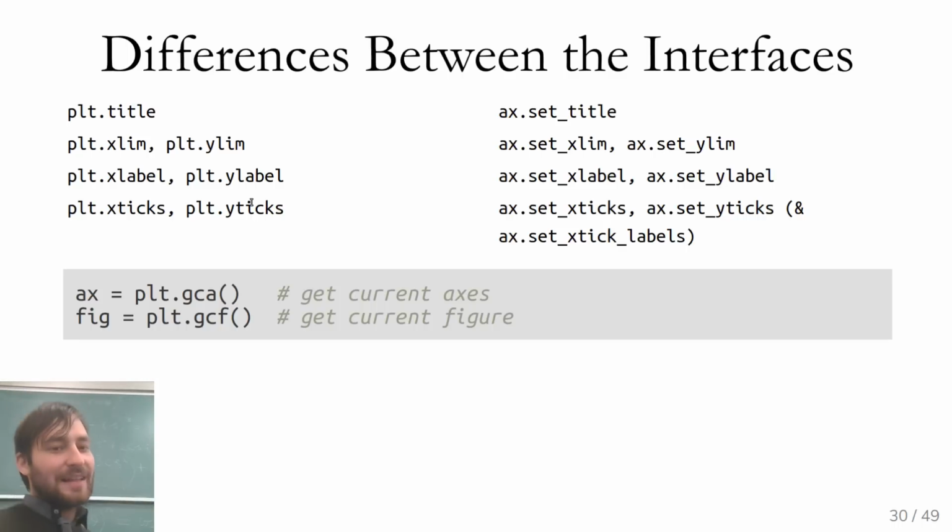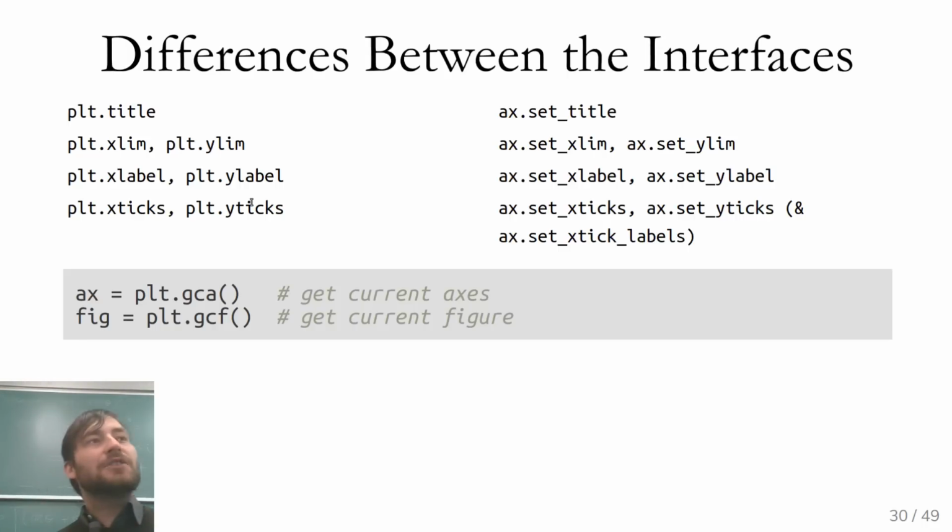It's plt.xlim to set the limits of the axis, or axis.set_xlim. So usually for the object-oriented interface, there's a set underscore before it, but there's also other subtle differences. So be aware.